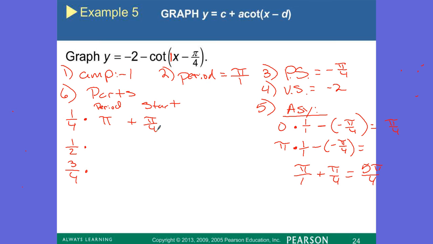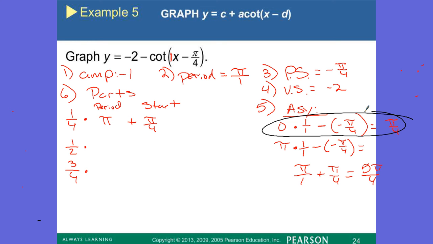Now, I use the start because I've already incorporated the phase shift going the other direction, right? Remember before when we did sine and cosine, we went minus the phase shift, and that adjusted for it going the opposite direction, left and right. And so I took care of that already when I did it over here for my start, okay?